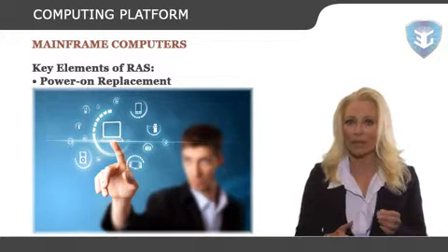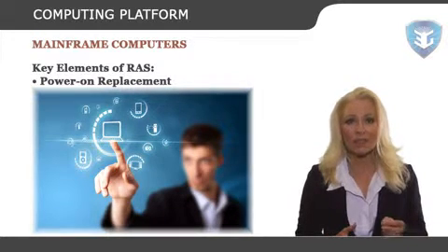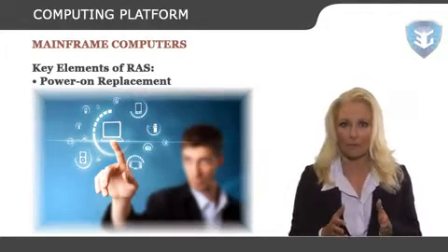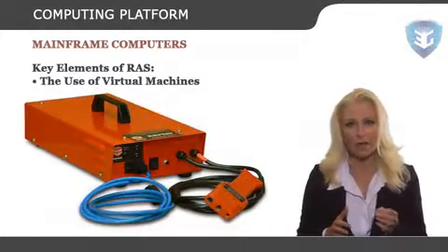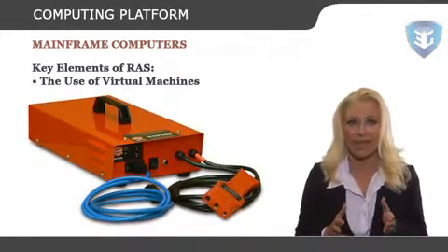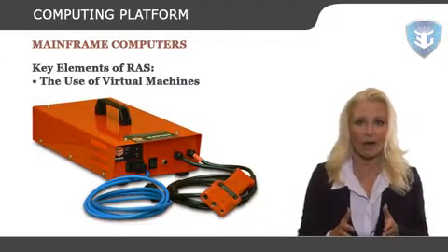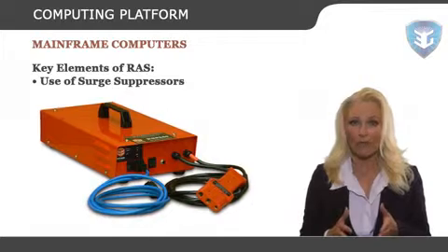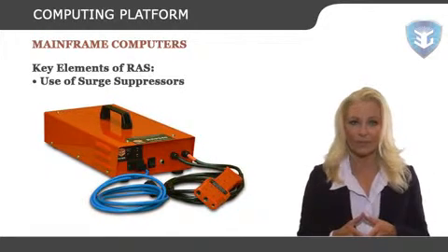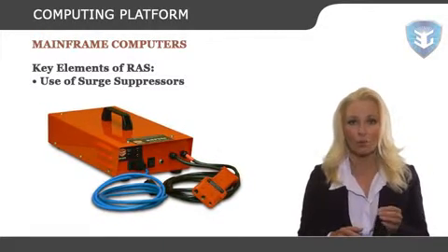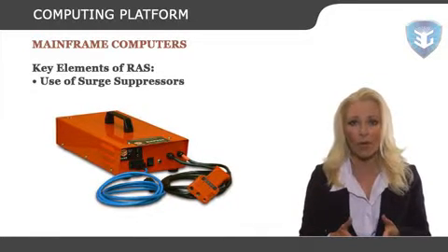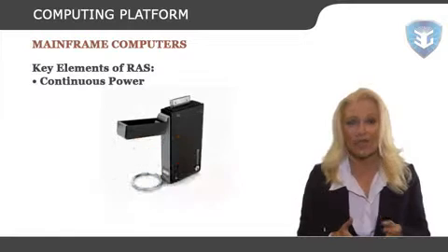Power on replacement. It is the ability to hot swap components or peripherals. The use of virtual machines. It minimizes the impact of OS or software faults. Use of surge suppressors. It minimizes risk of component damage resulting from power line anomalies.